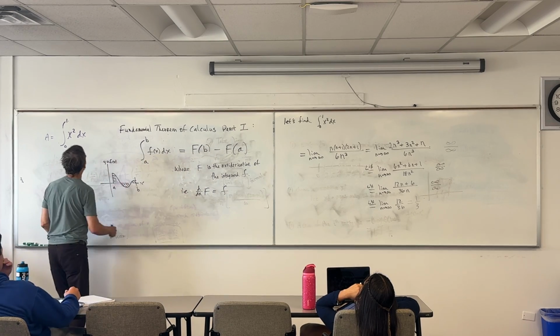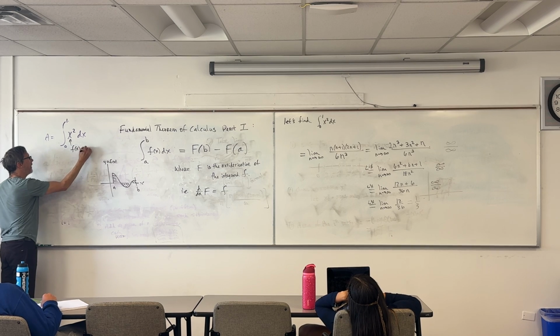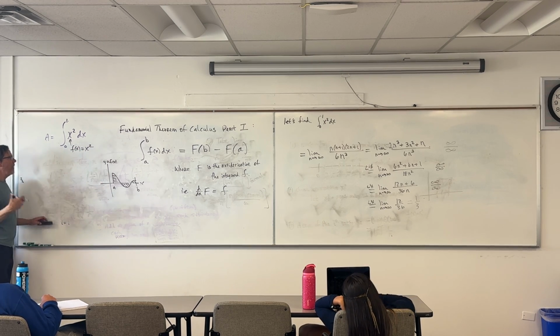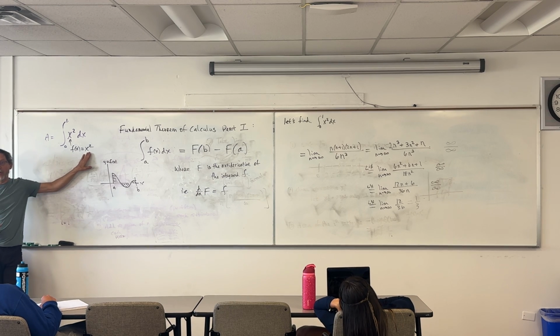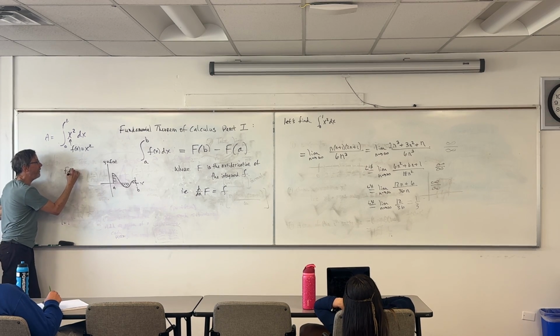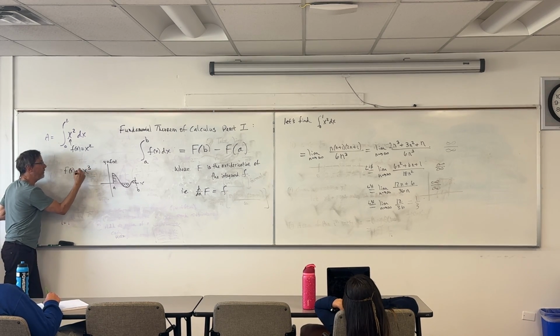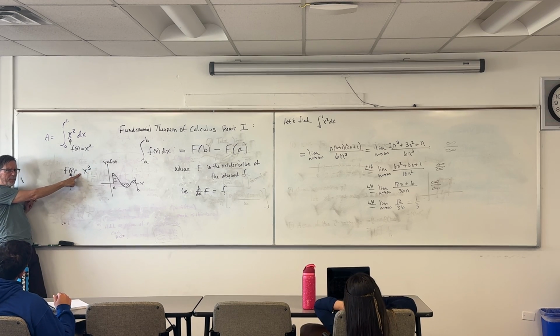So let's actually go take a look at this. So this is little f of x, it's x squared. If this is the derivative of something, what power of x was it? 3, right? So the big F must have had an x cubed on it. But when you take the derivative of this, a 3 comes out in front.